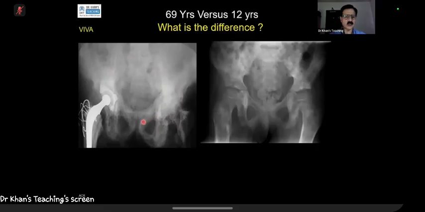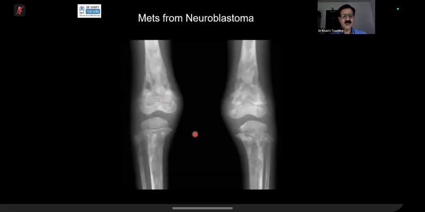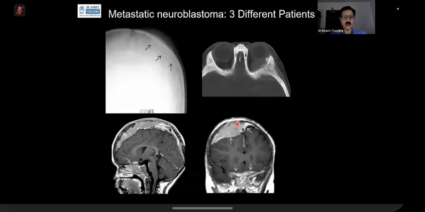And there is expansion, coarse trabeculae with expansion of the bone. So don't confuse this appearance with a destructive process. Another example from neuroblastoma, and you can see the moth-eaten appearance, which more obviously involves the metaphysis, but it is a more diffuse process.